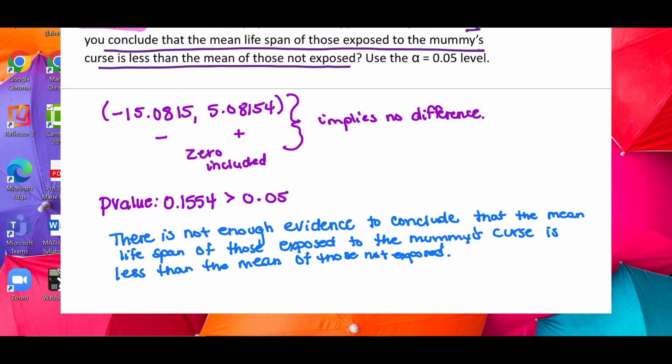And so we can't say that they're different, and up here it's saying that it implies that there's no difference. So I would say that it agrees.